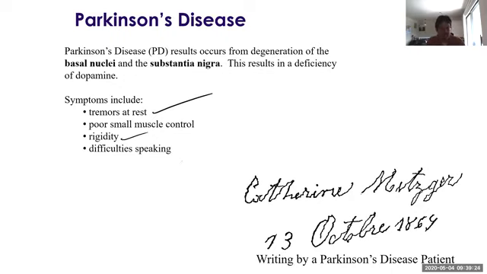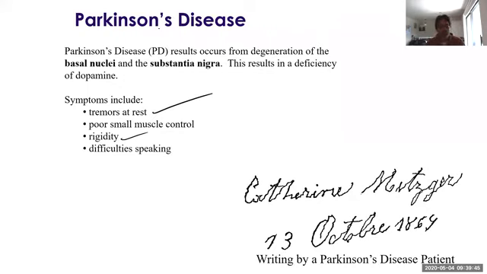Other things that you'll notice is they have a very typical gait. You'll find that for Parkinson's patients, it can be very difficult to start moving, to start walking. And as soon as they start walking, they'll have this shuffling gait. And once they start walking, they'll also find it very difficult to stop walking.